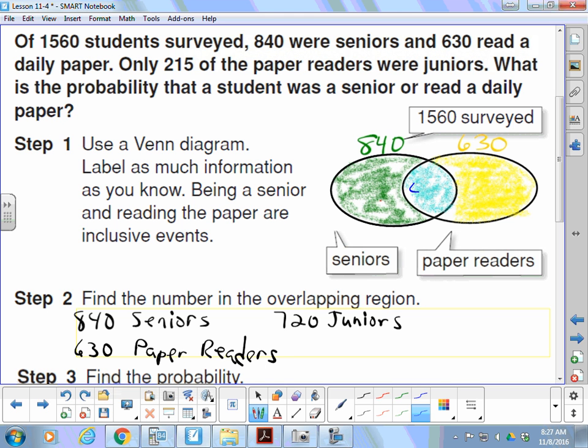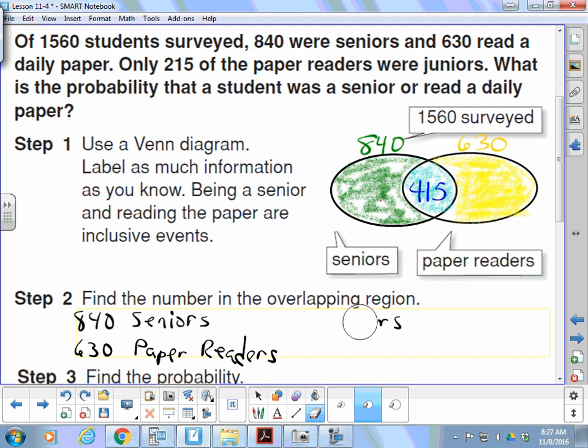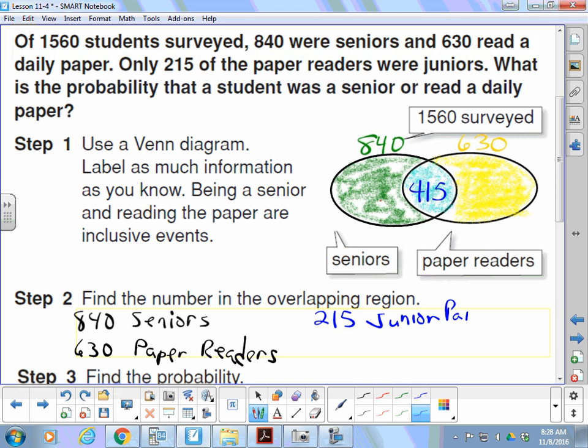All right, 415 here, because there was 415 seniors that were paper readers. I guess this number really didn't matter for us. We didn't need it. Let's get rid of that one. All right. So 215 junior paper readers means that there are 415 senior paper readers.